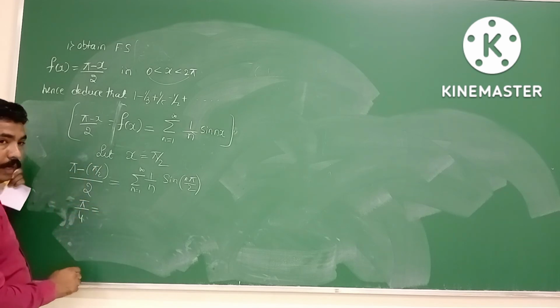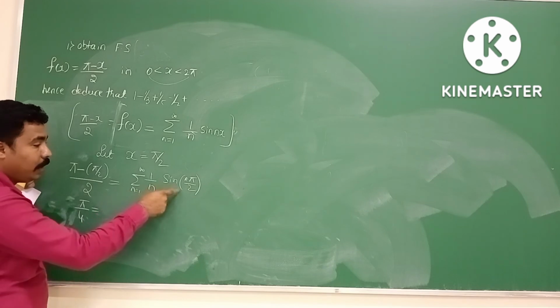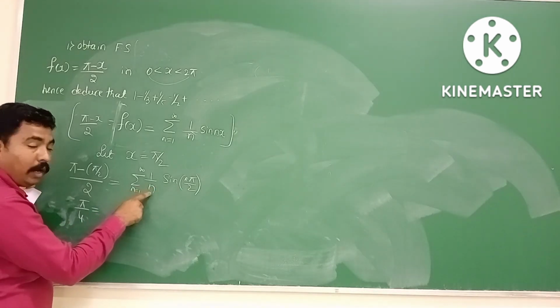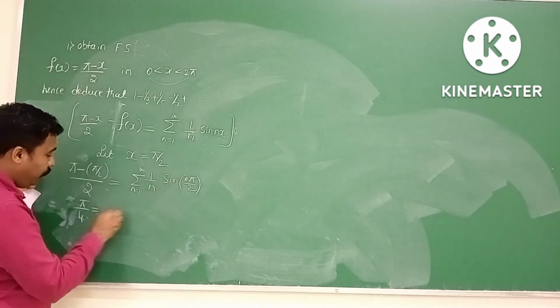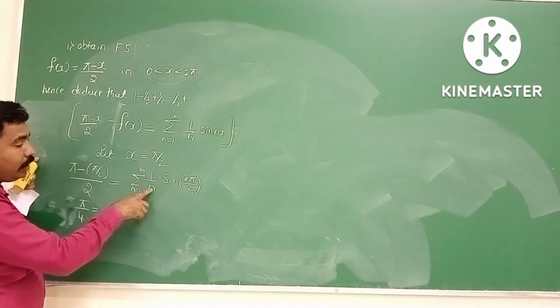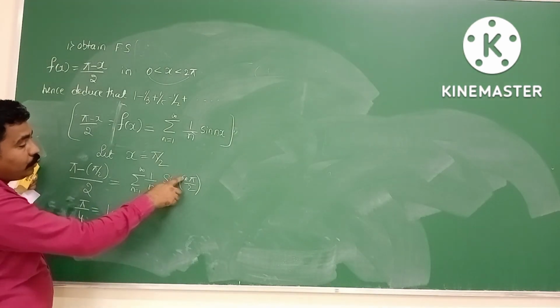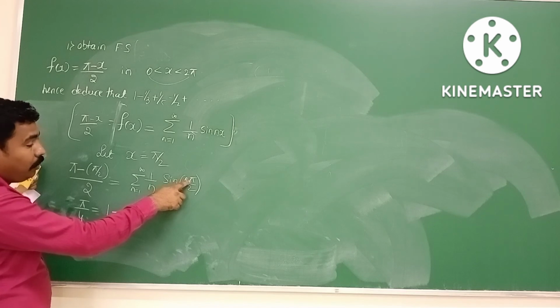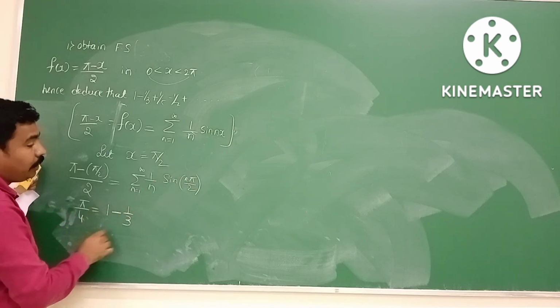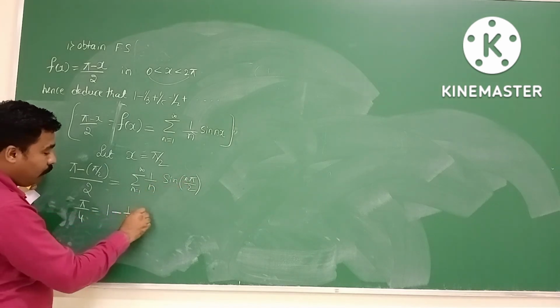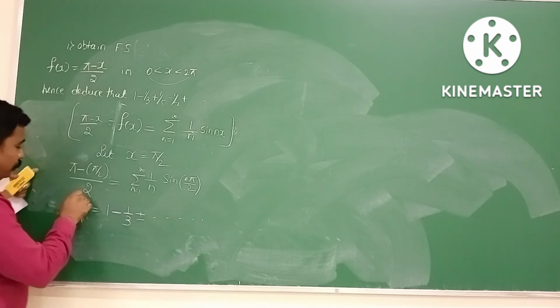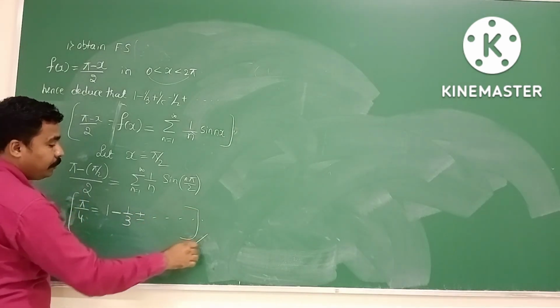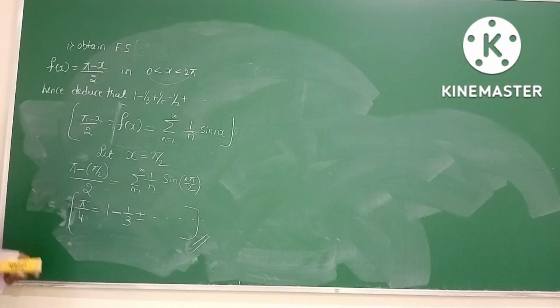If you keep substituting the n values: n equal to 1, sin 90 is 1. If you take n equal to 2, it becomes sin pi, which is 0. n equal to 3, 1 by 3, again it is minus 1. Like that it will continue. So that is the required series for the given problem.